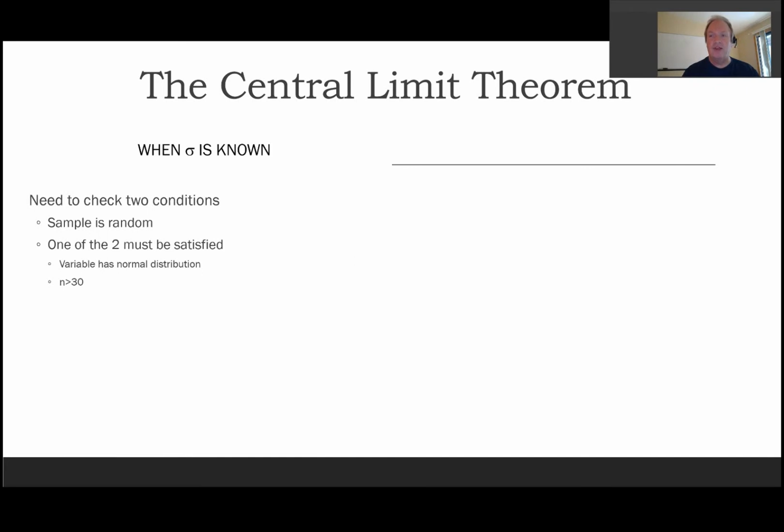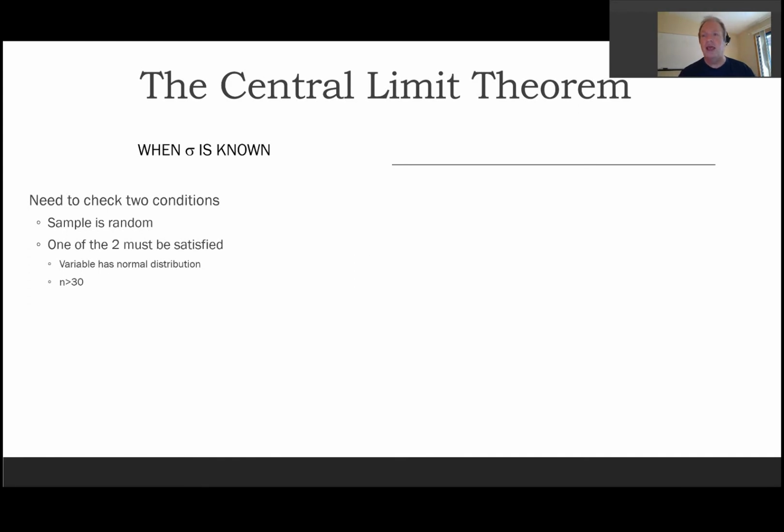Either our sample size is at least 30, so greater than or equal to 30. The 30 doesn't really matter in and of itself. Or the variable has a normal distribution. And when we're working with very small data sets, on the order of 10 or less, it's very hard to tell visually if the variable has a normal distribution.